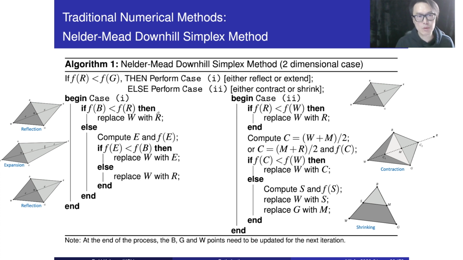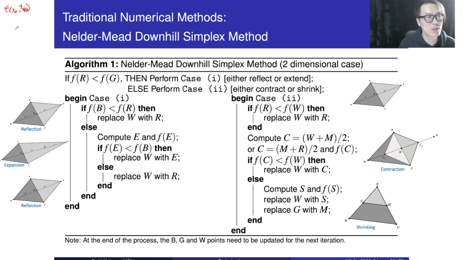Now this algorithm, the Nelder-Mead Downhill Simplex Method, is for a 2-dimensional case. It means that we are going to have 2 variables. Say we have a function of x1, x2, or maybe we use x and y.